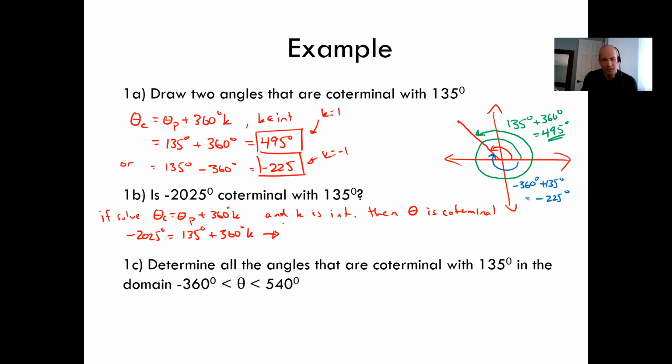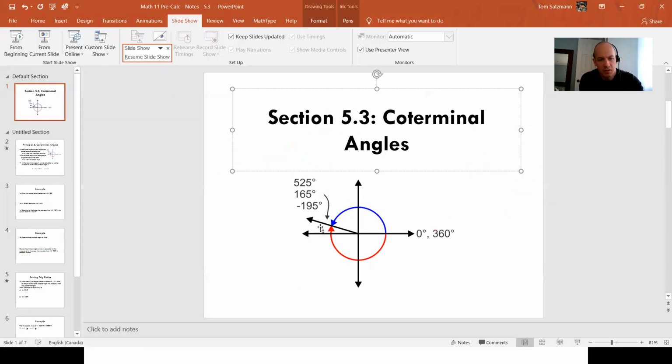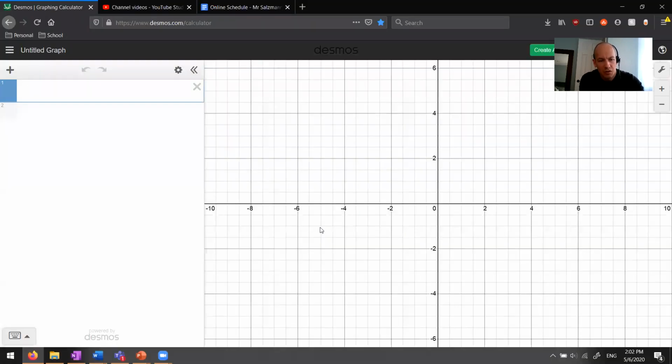Solving for k, I didn't really leave myself enough room here, but we move the 135 to the other side, so this would become negative 2160 equals 360k, and then we would divide both sides by 360. So this is where you go, okay, 2160 divided by 360. Let me just jump over to Desmos. 2160 divided by 360, and we get 6.